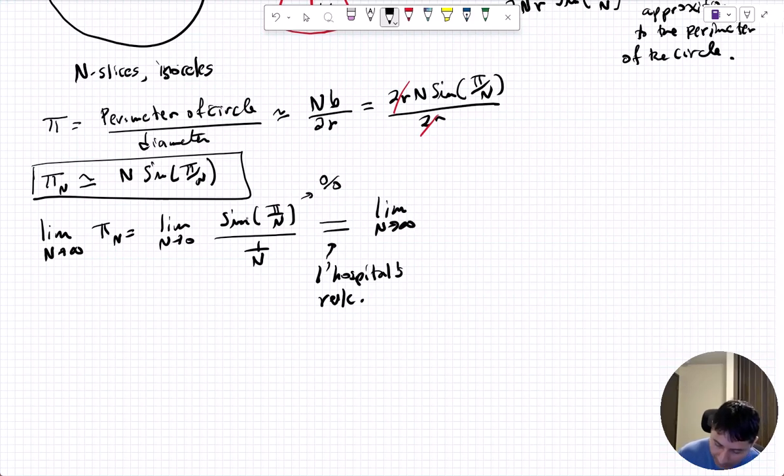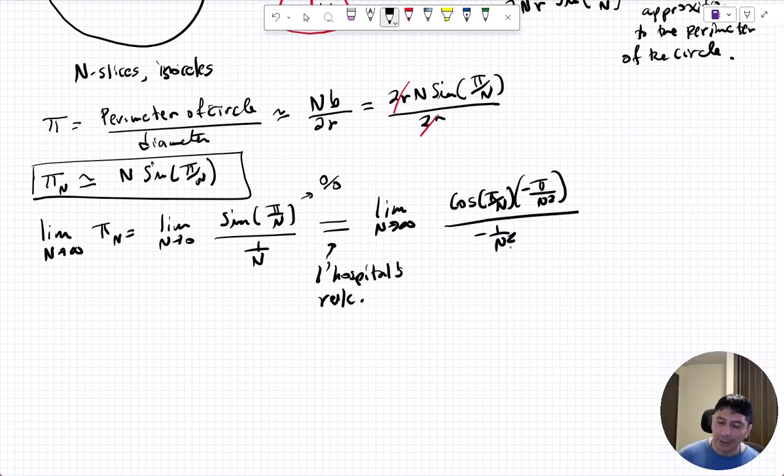So what is the derivative of sine? The derivative of sine is cosine of pi over n. But then we're using the chain rule. What is the derivative of the inside input to the cosine function? It's going to be pi times 1 over n squared, negative of that. And what is the derivative of the denominator? It's going to be minus 1 over n squared.